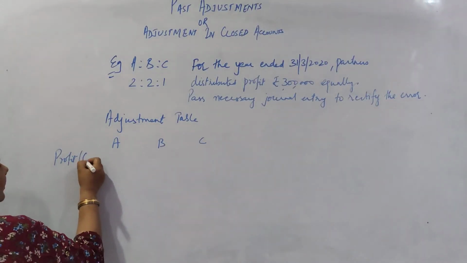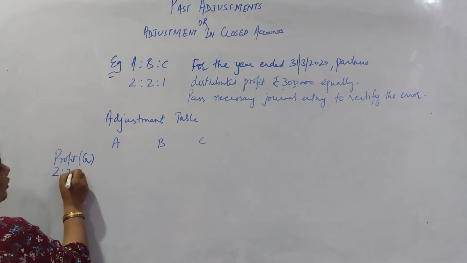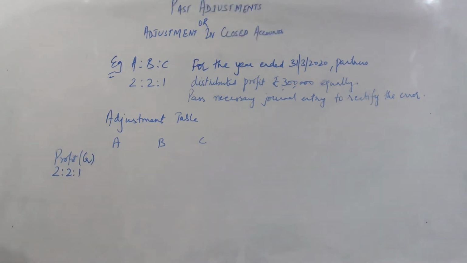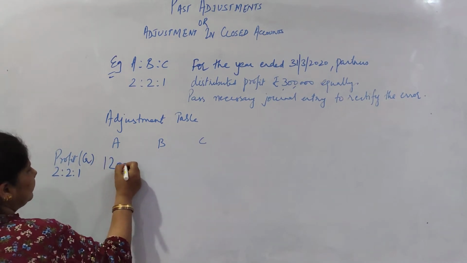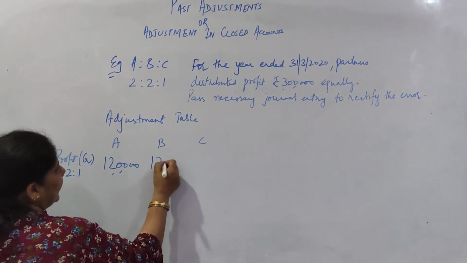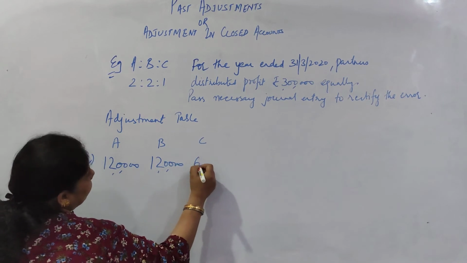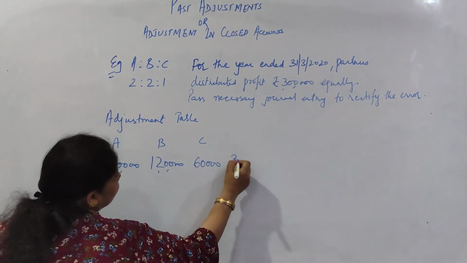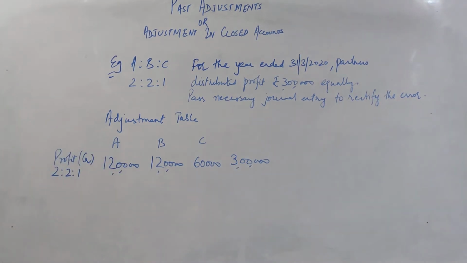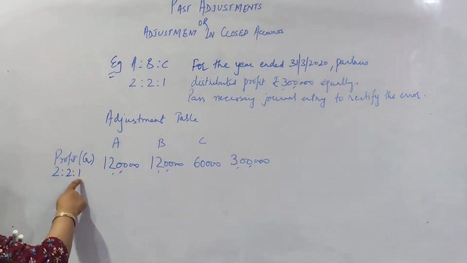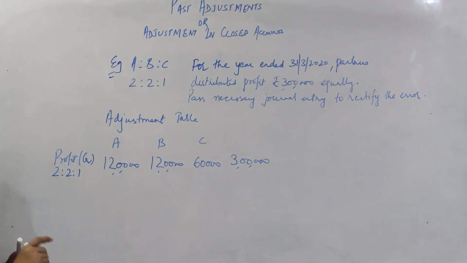So profit credit in correct ratio is 2:2:1. It will be 1,20,000, 1,20,000 and 60,000. This is 3 lakh profit which is credited to partners capital account in correct ratio, that is 2:2:1.